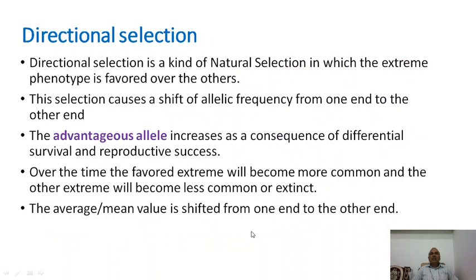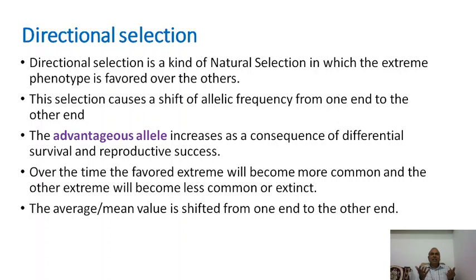Next, let us go on to the next selection, called directional selection. The word itself means direction; something is directing the selection. Directional selection is a kind of natural selection in which the extreme phenotype is selected. So the earlier selection and the present selection are not the same.